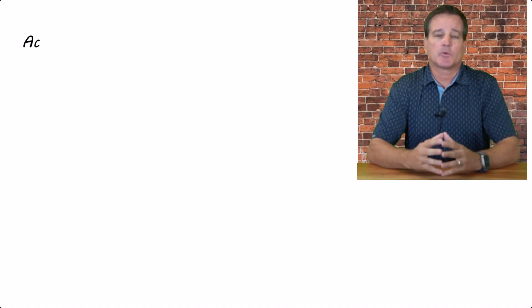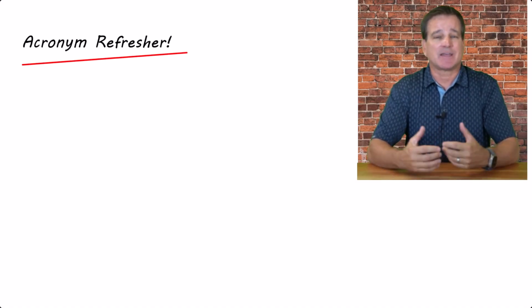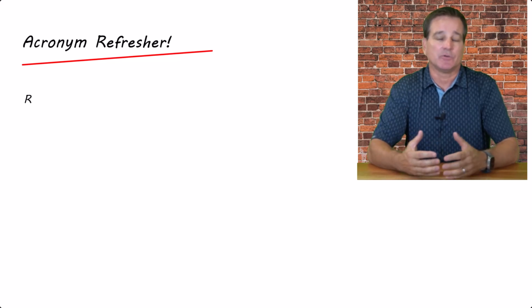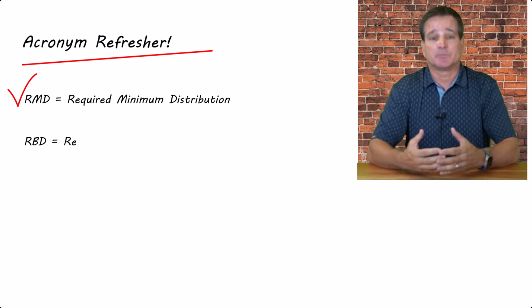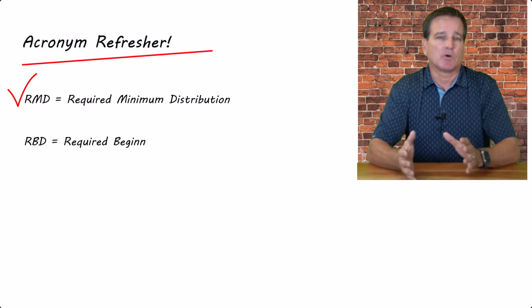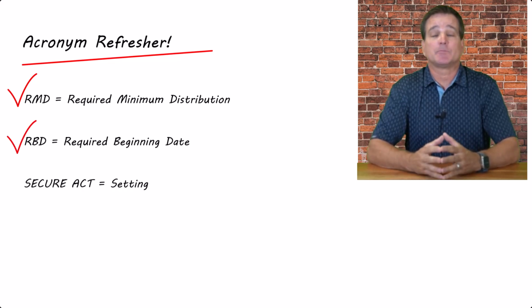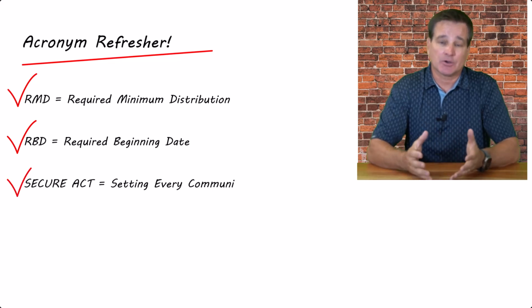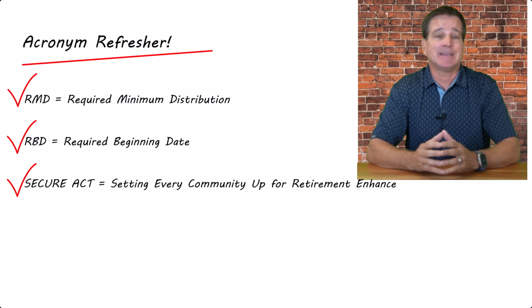Okay, before we get started, there are some acronyms that will apply to this video that I think we should quickly review. First of all, RMD. That simply stands for Required Minimum Distribution. I think most people are familiar with that. RBD stands for Required Beginning Date. Secure Act stands for Setting Every Community Up for Retirement Enhancement.